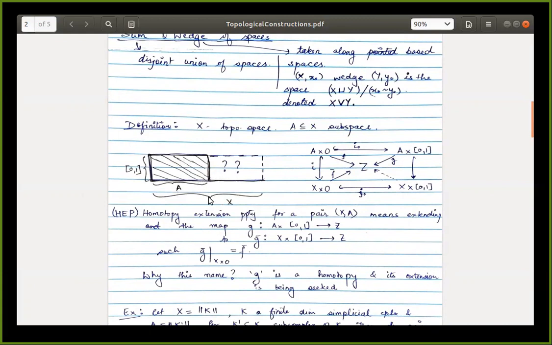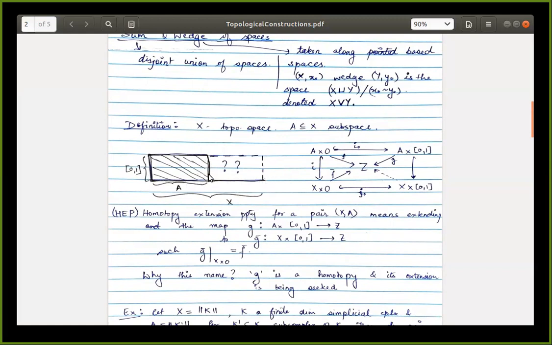If you have maps from both these spaces such that the map defined here agrees with the map defined here on this piece, so A cross 0 is something which is common to A cross [0,1] as well as X cross 0, so if you have maps defined from this filled rectangle as well as this horizontal line that agree on A cross 0, one must have a map defined on the whole rectangular piece, which is going to respect this particular map as well as this map.